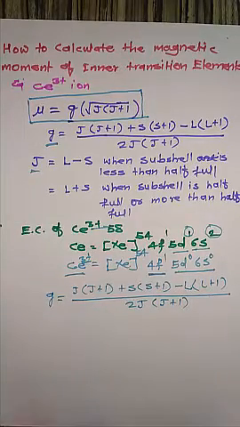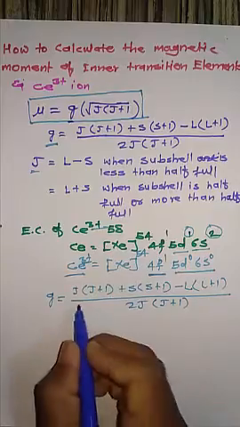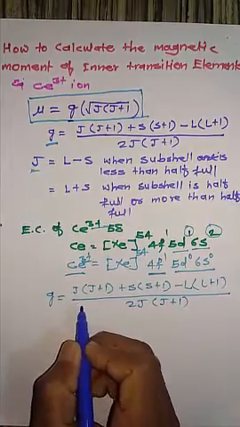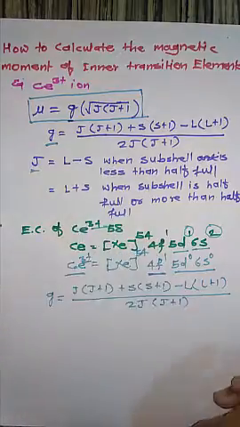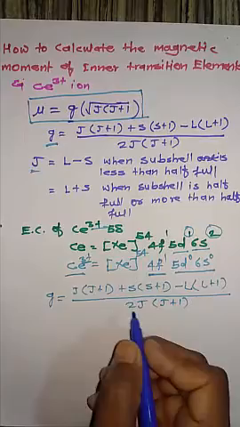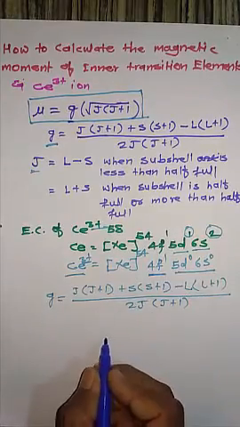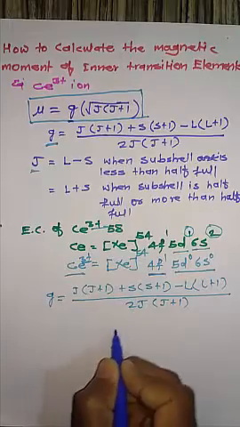Now we have to calculate the value of J, which is either L minus S or L plus S. So dear students, let's see this f subshell. I will try to draw the 4f subshell here.